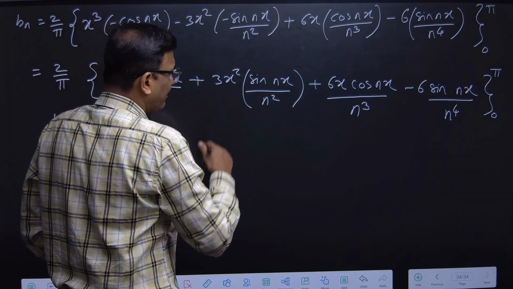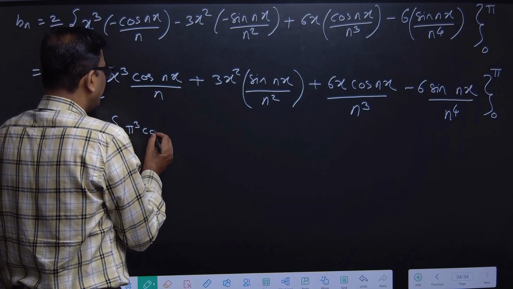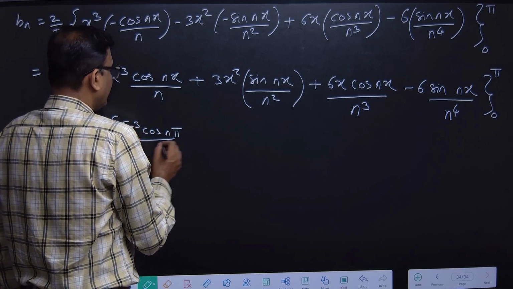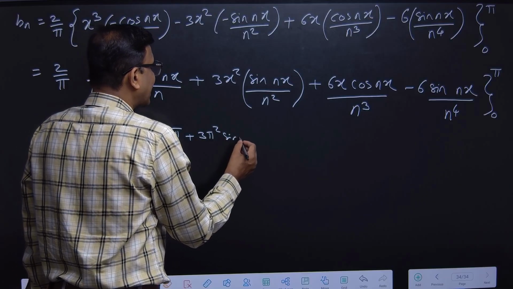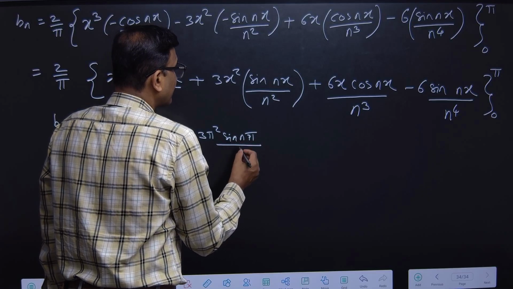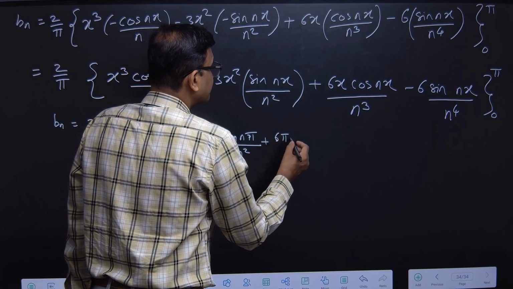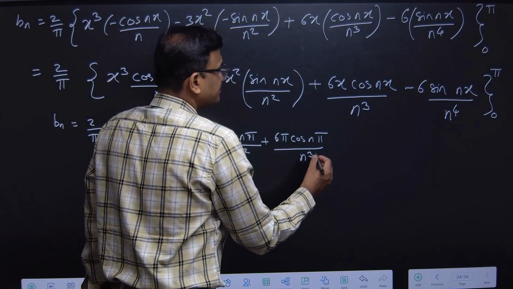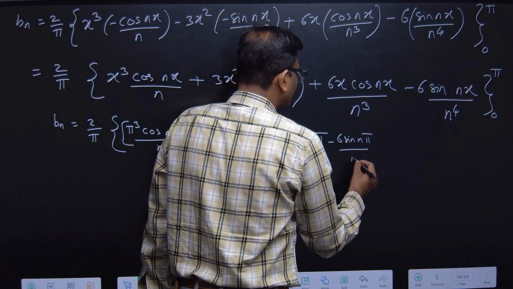So suppose we put the upper limit first, pi, it is going to be pi cube into cos n pi upon n plus 3 pi square sin n pi upon n square plus 6 pi cos n pi upon n cube minus 6 sin n pi upon n raised to 4.